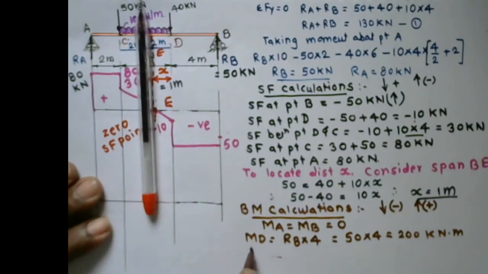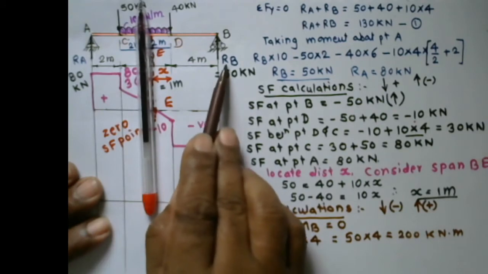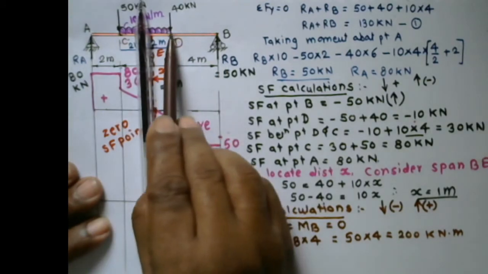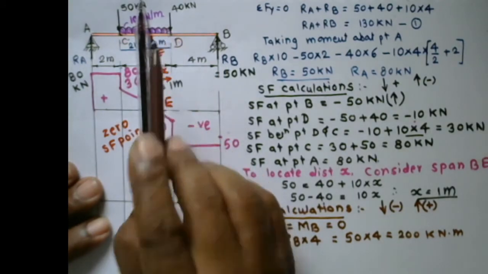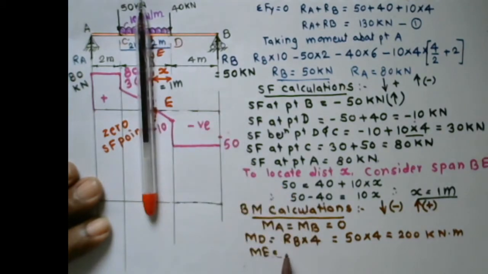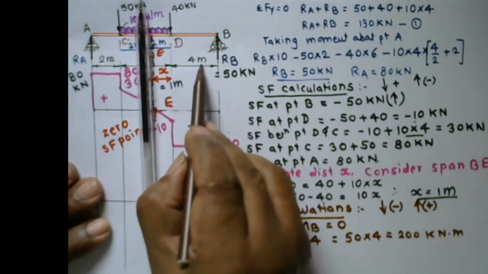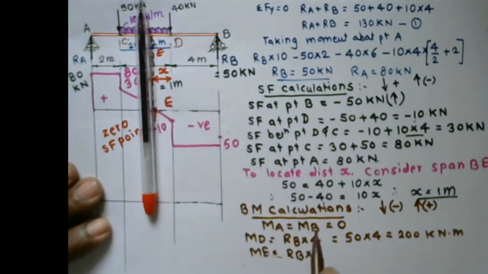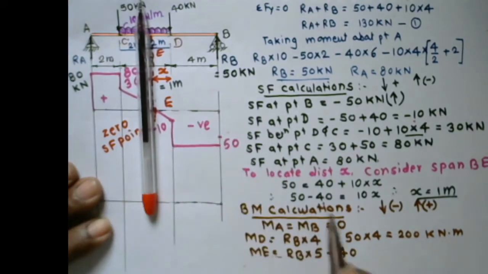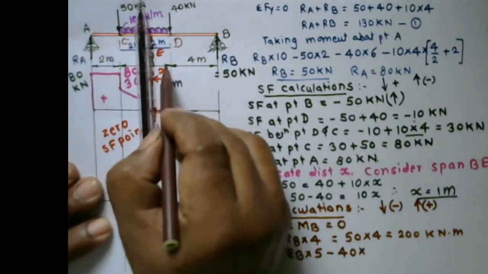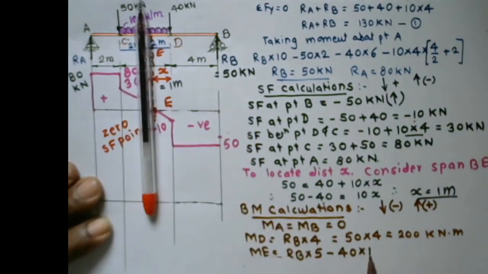Now come to the point E. So bending moment at point E is equal to, at the E point RB is acting, 40 kilonewton force is acting, and UDL is also acting. First I am considering RB into its distance up to the point E, 4 meter plus this 1 meter, so it becomes 5. Minus 40 kilonewton goes in downward side, a clockwise moment, so 40 into its distance up to the point E, 1.